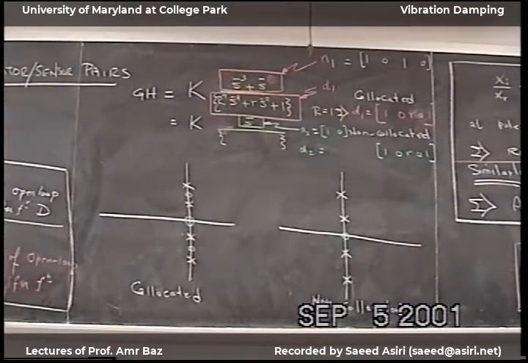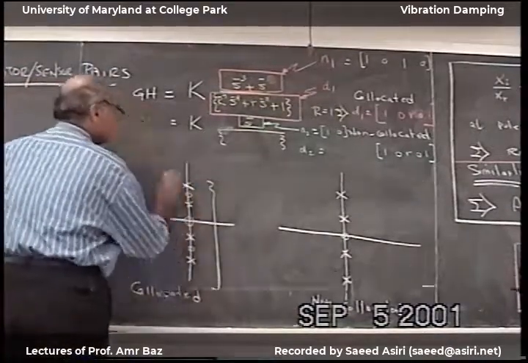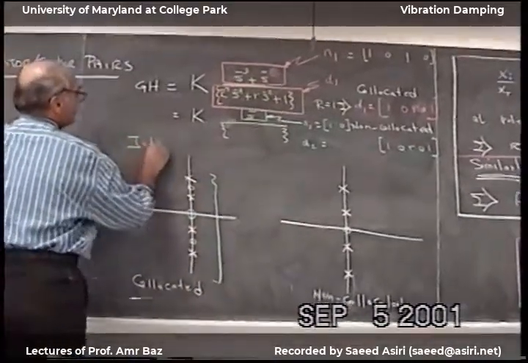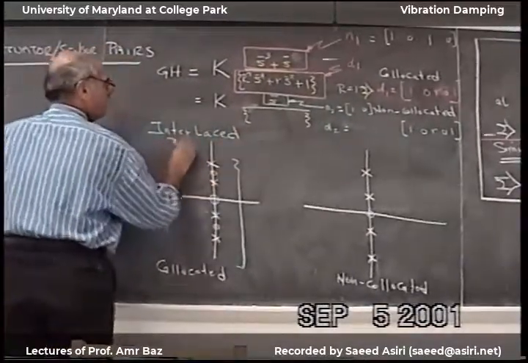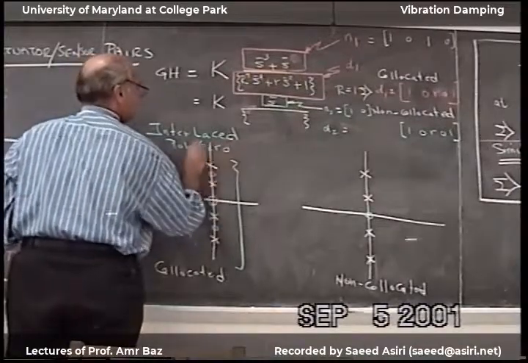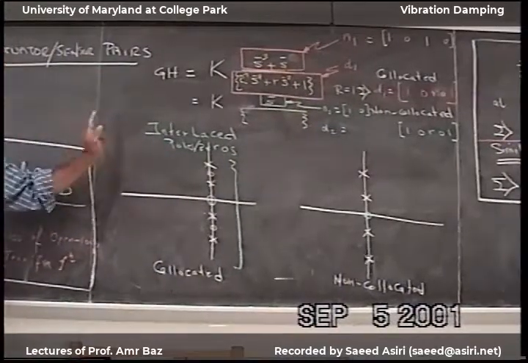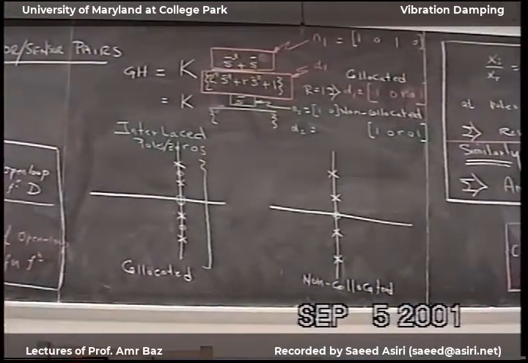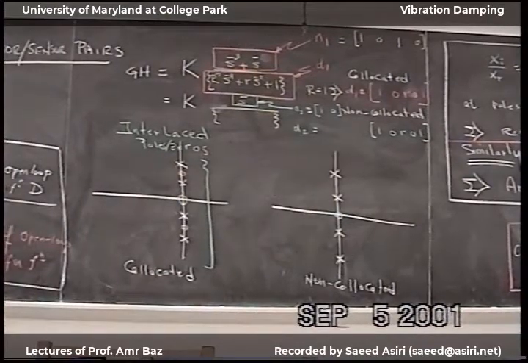Before I leave, this phenomenon is called interlaced poles and zeros. Once you have this, everything comes naturally and falls in place, and any gain that you select will always result in stable performance.